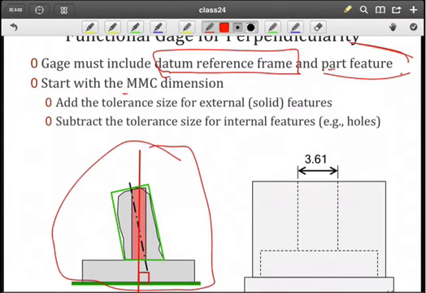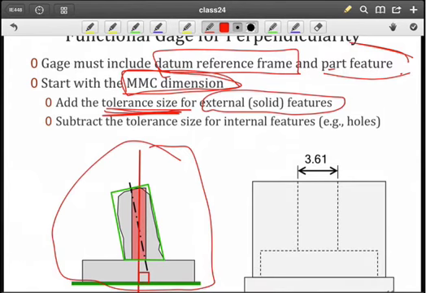So what we'll do is we'll start at the MMC dimension. Again, in this case, that would be the largest dimension. And then we're adding a tolerance zone by adding the tolerance zone size for external solid features. Conversely, if it's an internal feature, we're going to subtract the tolerance zone size, and that would correspond to holes. So we would make the corresponding pin actually smaller.